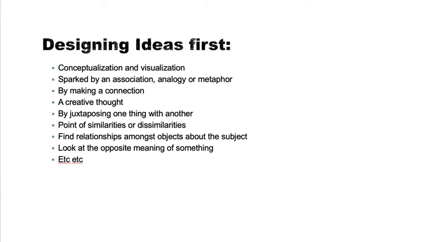You can make a connection with an object or a thought. You can just have a creative thought. You can juxtapose one thing with another. You can use similarities, things that are the opposite. You can find relationships among objects or subjects. All kinds of ways. Definitely read that chapter because it'll give you some ideas on how to come up with ideas.